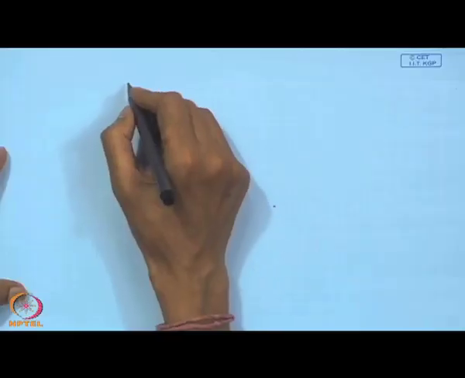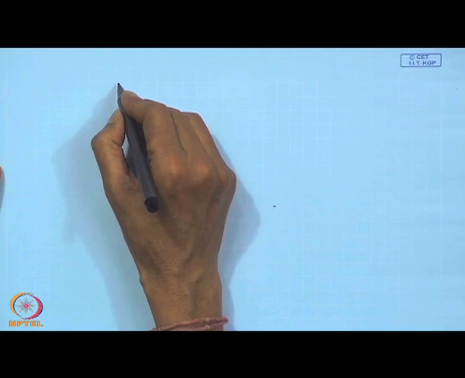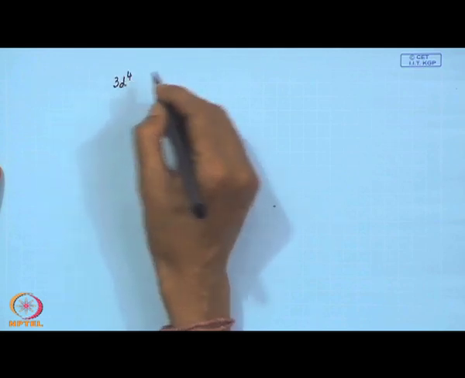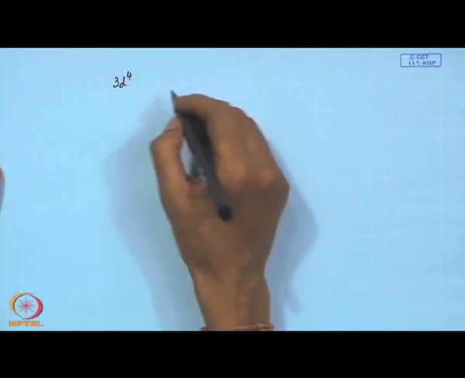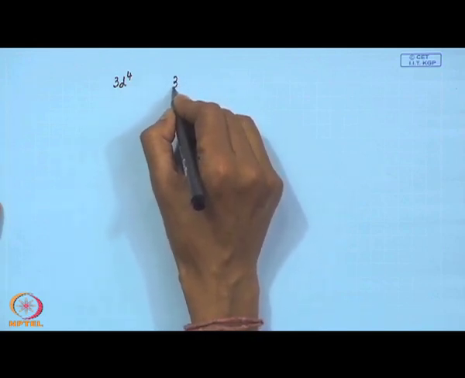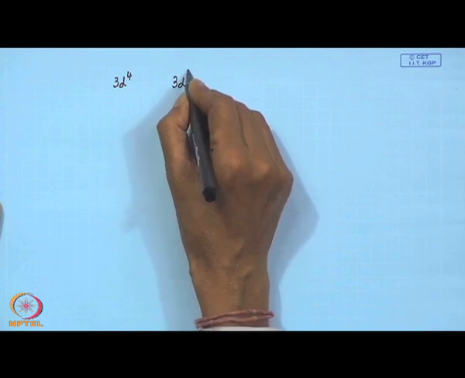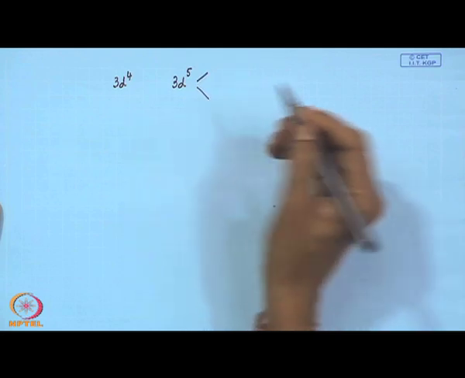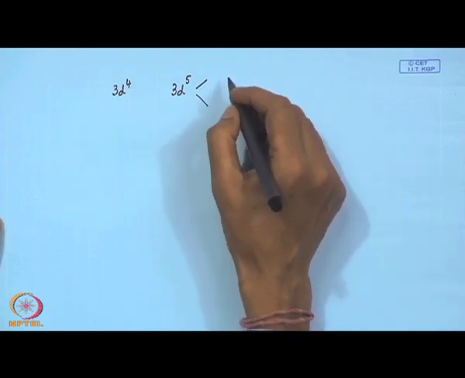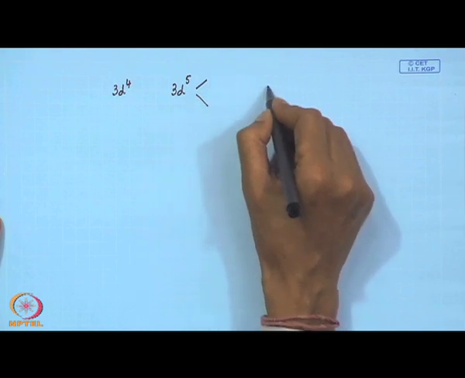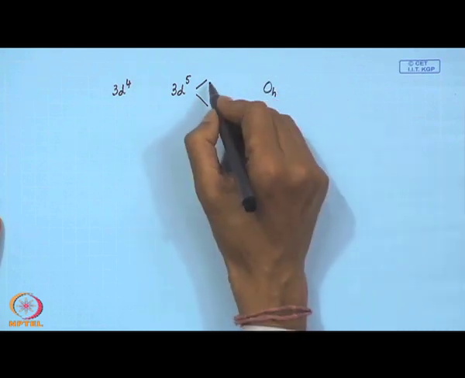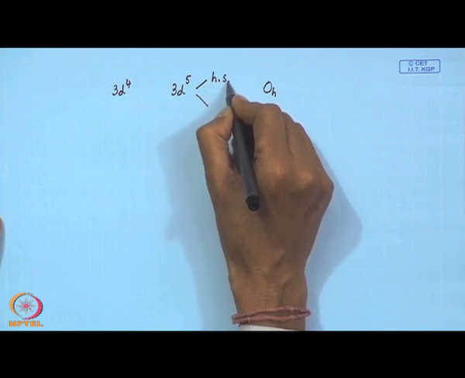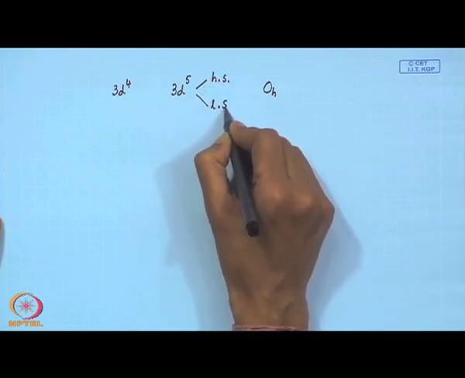Whenever we have any d electron configuration, say 3d4 or 5 or 6 or 7, we see that in case of 3d5 we can have two electronic configurations in an octahedral field. So, the field is octahedral, and we have the corresponding high spin configuration and the low spin configuration.